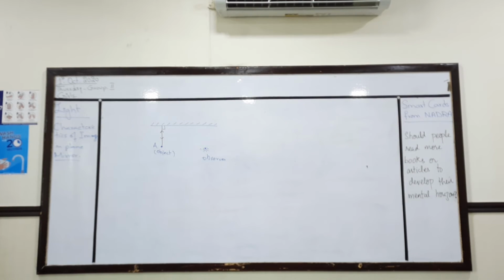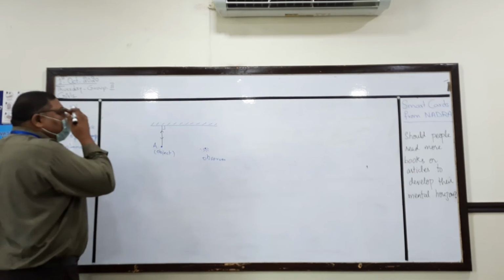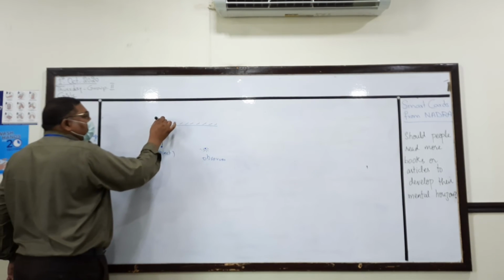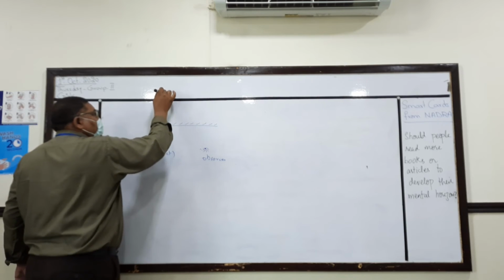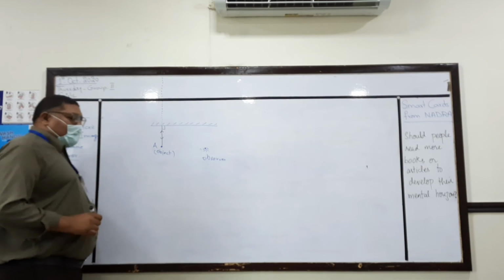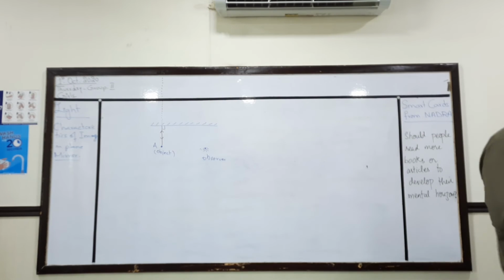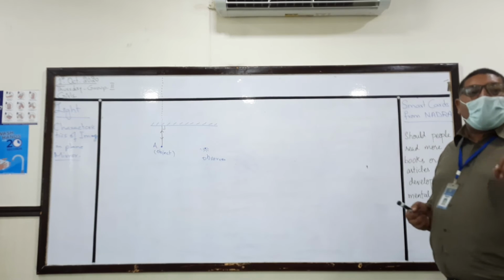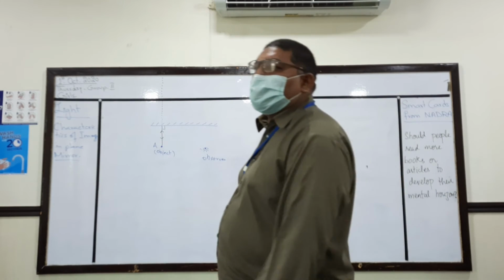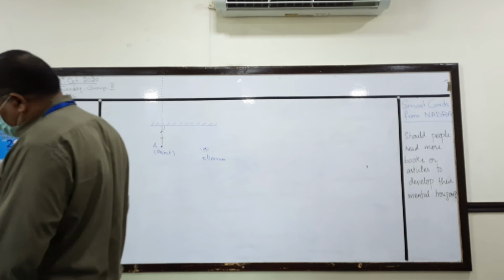So that is the first ray. Then I will prolong it behind the mirror with a dotted line.